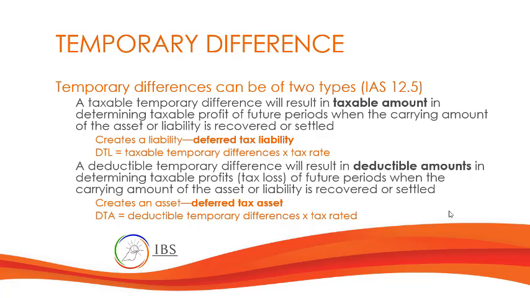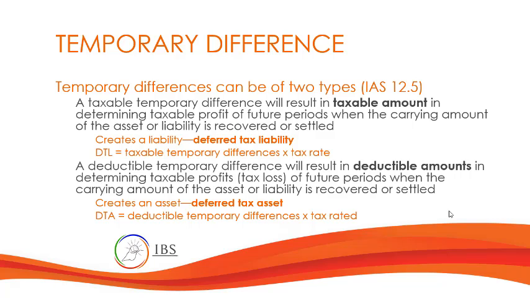Now, in taxable amount, it is the result of taxable profit of future periods when carrying amount of an asset or liability is recovered or settled. So taxable amount creates deferred tax liability.